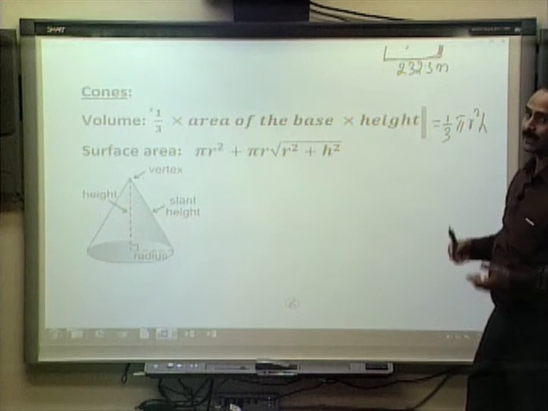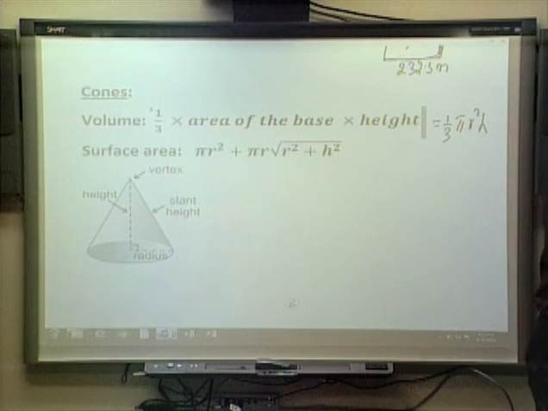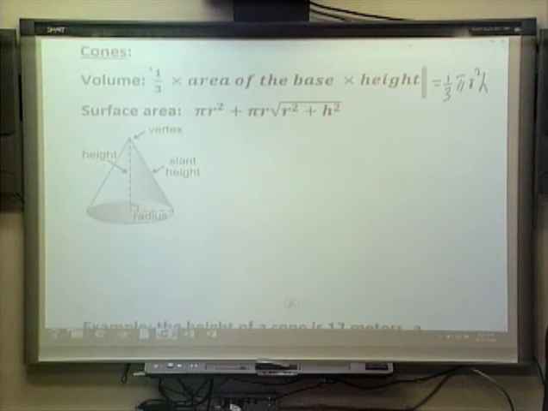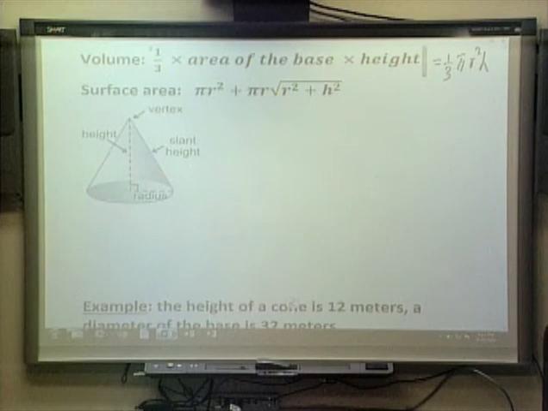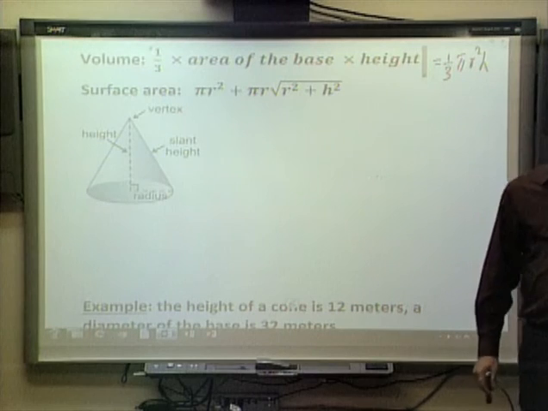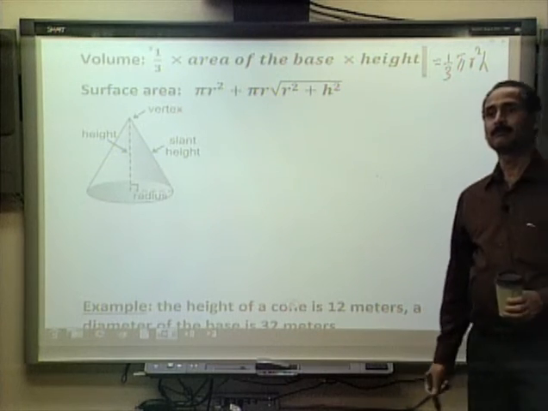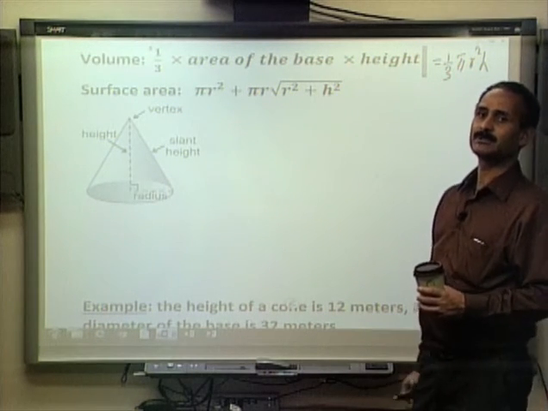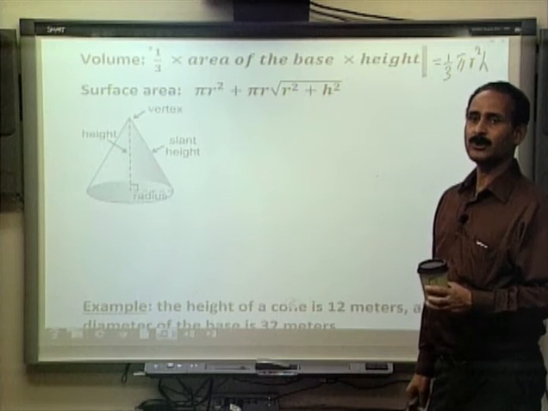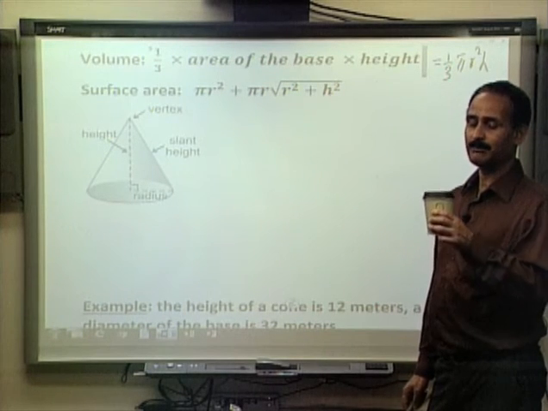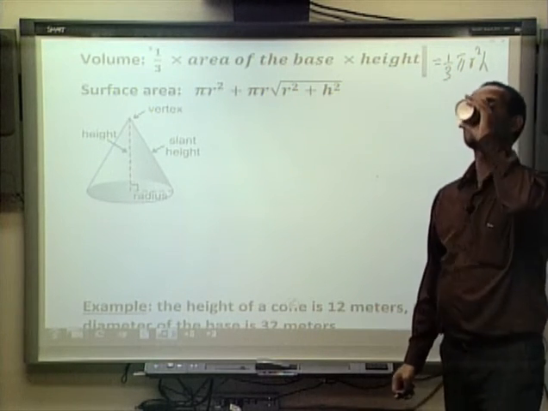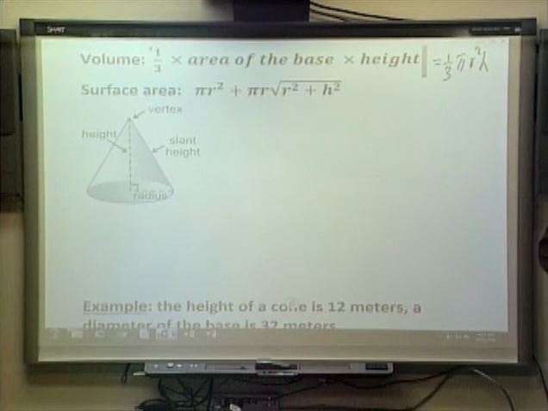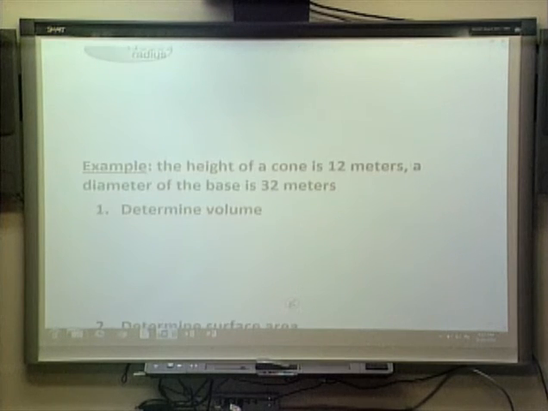And the surface area for a cone is given by pi r square plus pi r times the square root of r square plus h square. r is the radius and h is the height of the cone.